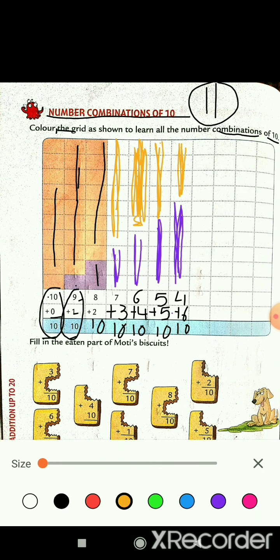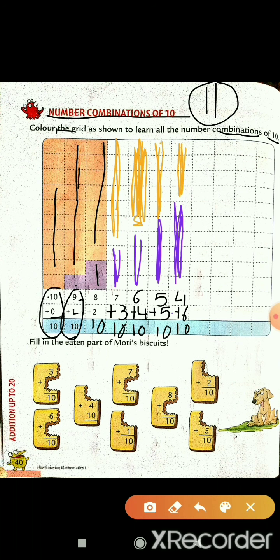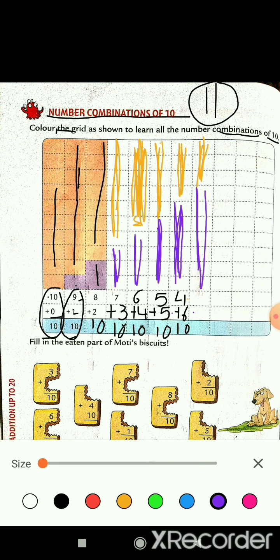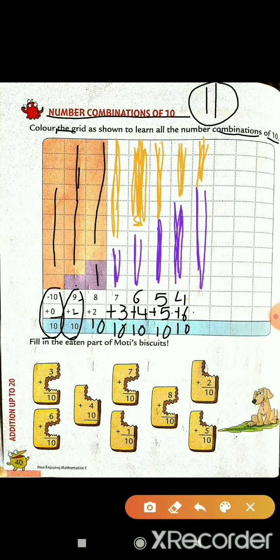Got it students? Same way, what comes before 4? 3. So you will color 3 boxes with orange color. And what comes after 6? 7. So you will color 7 boxes with purple. And what you will write here? 3 plus 7 is equals to 10.